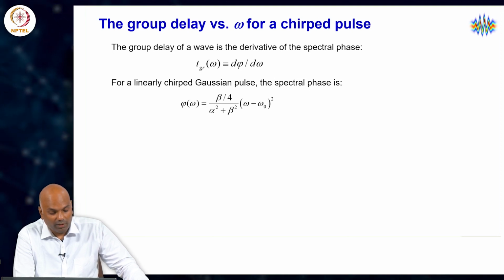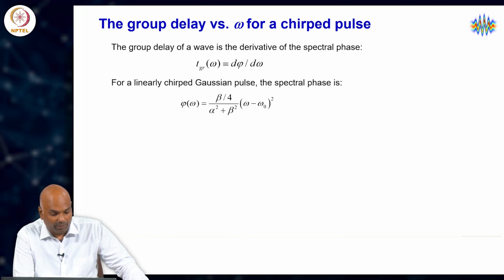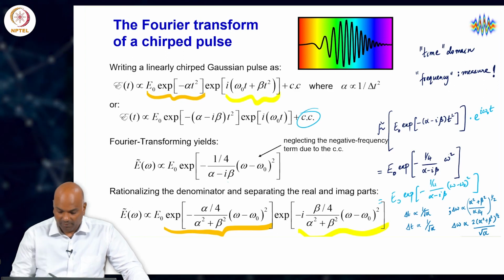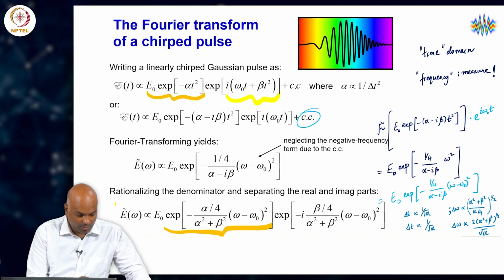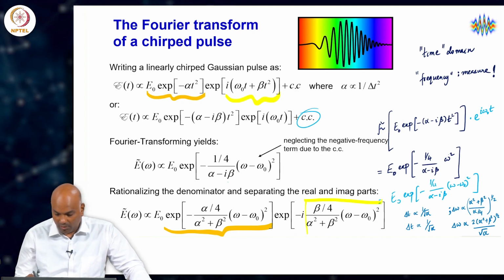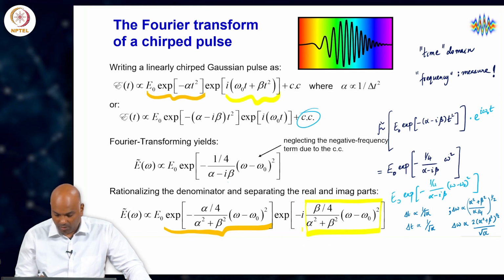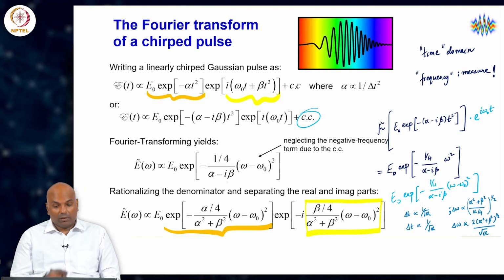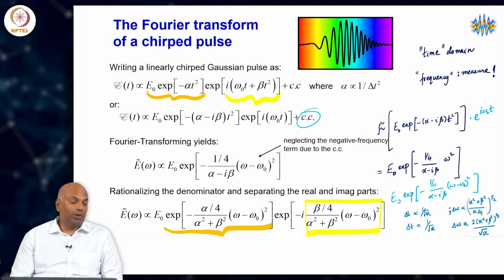So, for a linearly chirped Gaussian pulse, the main takeaway from the previous view graph, which I should possibly have highlighted, is the fact that we now know for this linearly chirped pulse, we have deduced what is phi of omega, considering the fact that we know what we defined its phi of t to be.